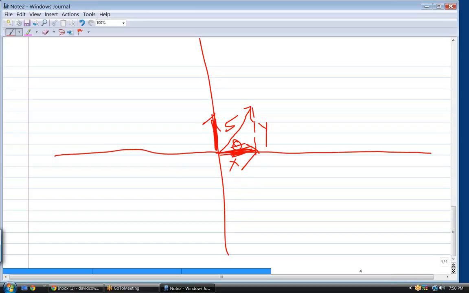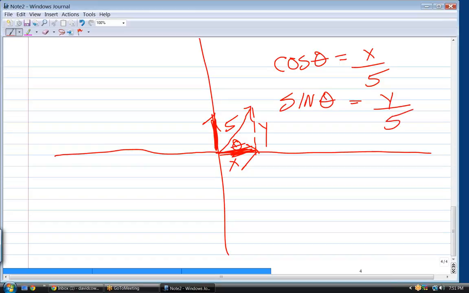What trig function includes the x component? Cosine of theta equals x over 5, from trig. And sine of theta equals y over 5. Which means that x is equal to 5 cosine theta and y is equal to 5 sine theta.